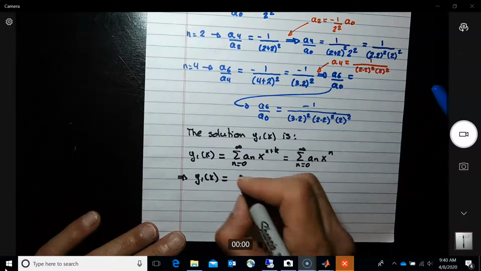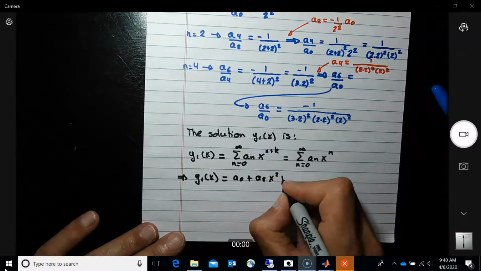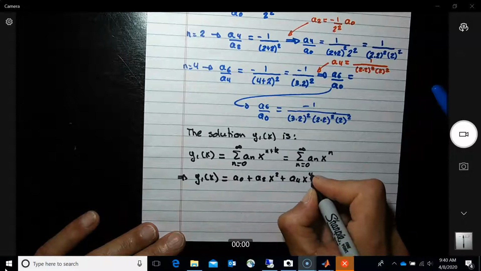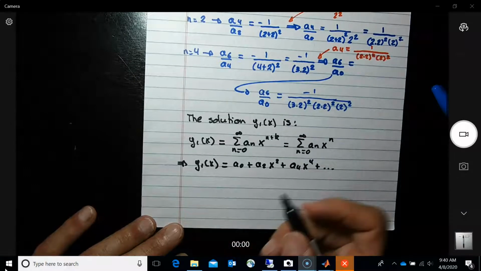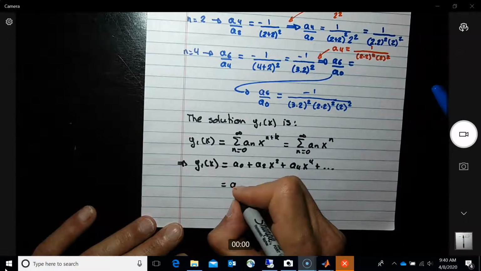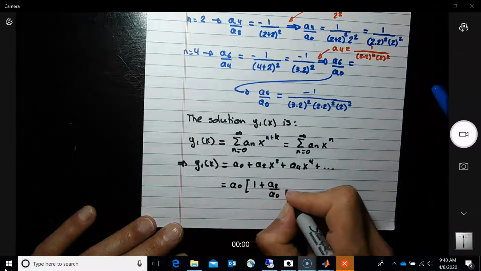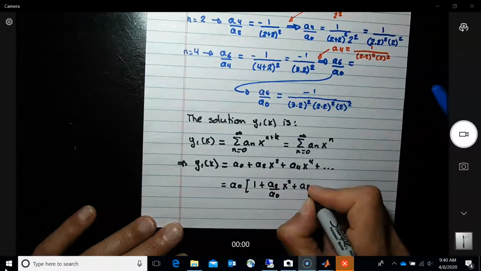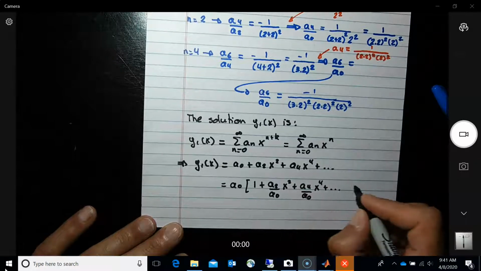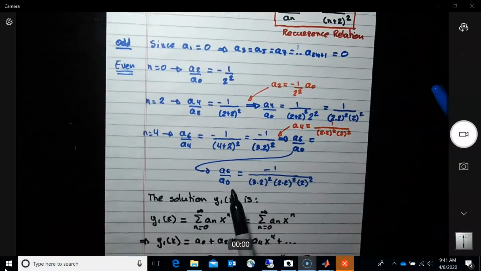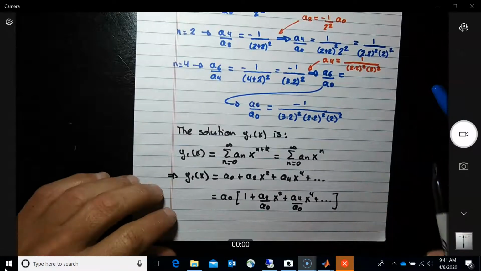So this will be equal to a sub naught plus a2x squared plus a4x to the fourth and so on. Here you factor out a sub naught, and you end up with 1 plus a2 over a0 x squared plus a4 over a0 x to the fourth plus so on. We calculated those coefficients over here, so we could go and substitute.